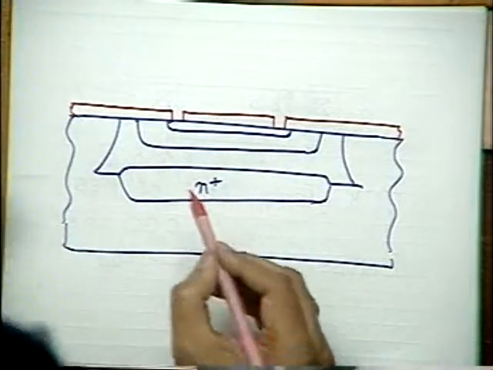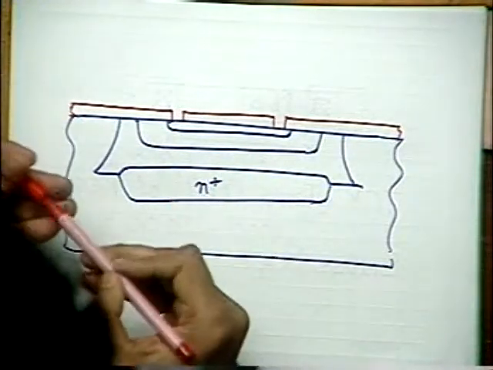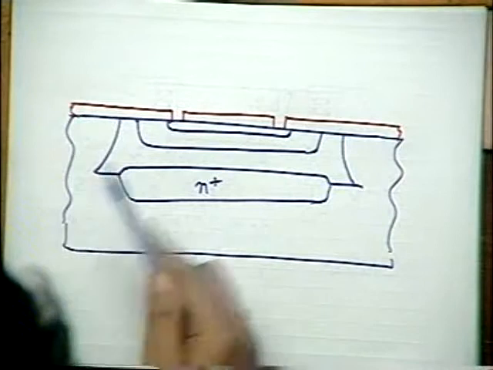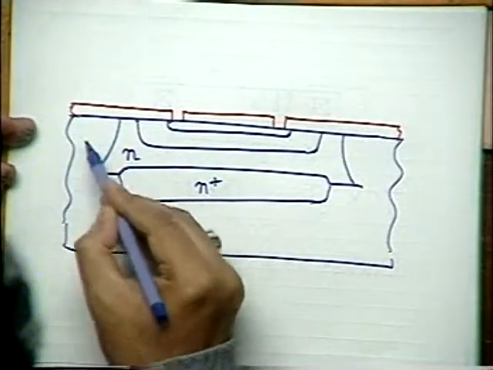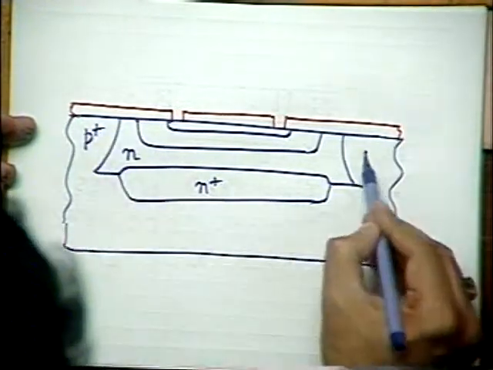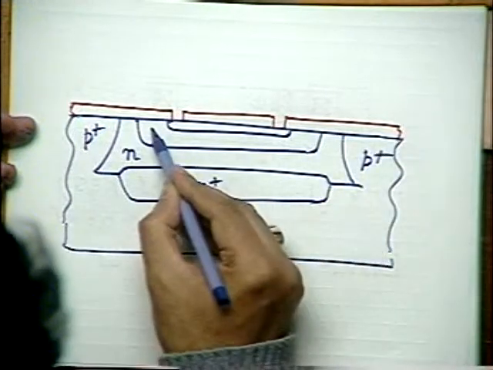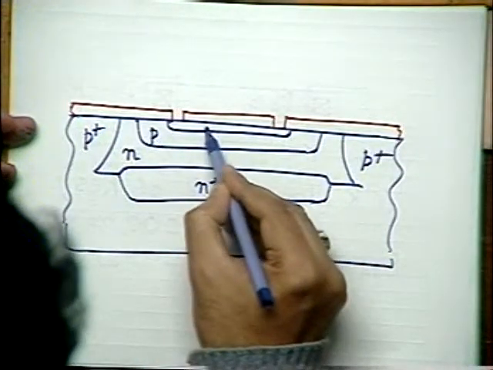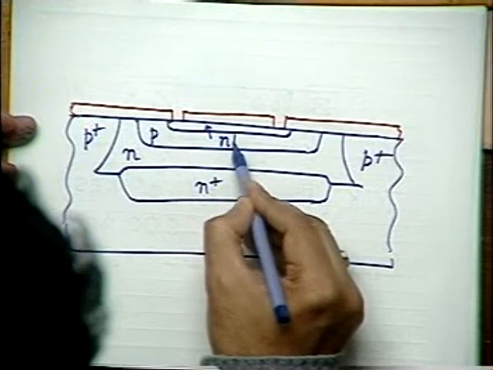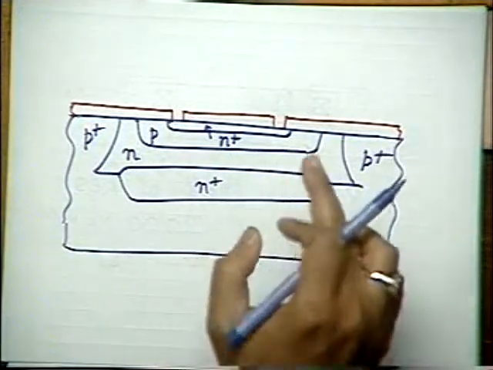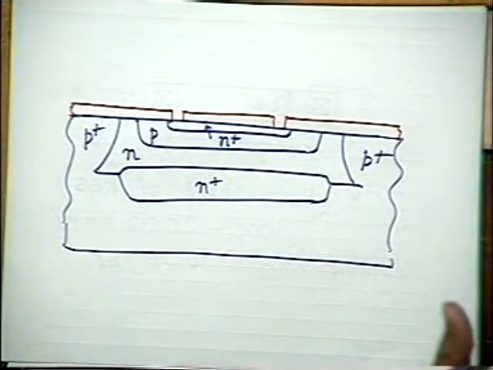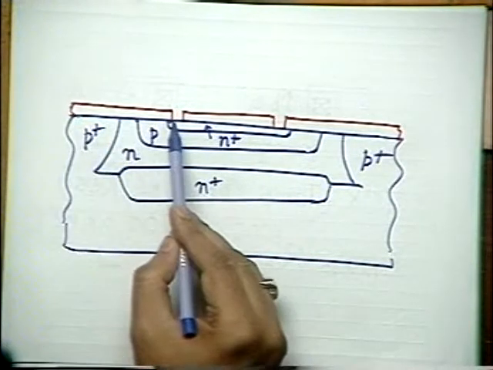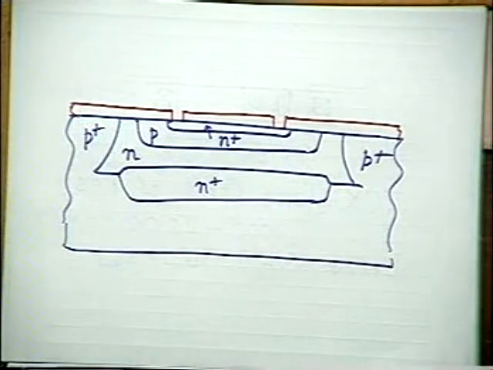Okay? This is N-type epi layer, this is P plus isolation, this is P base, and then within this we have got N plus emitter. So this is the picture of a resistor which is realized using emitter diffusion. Alright? And then I have opened windows only here and here to make contacts.